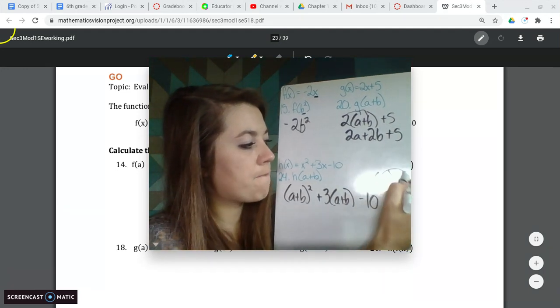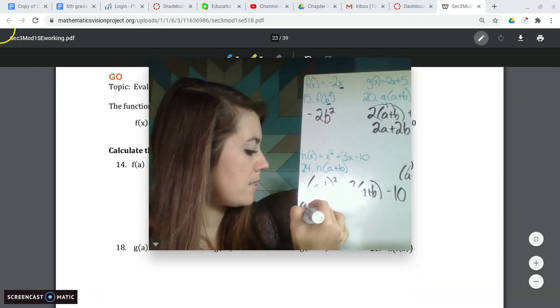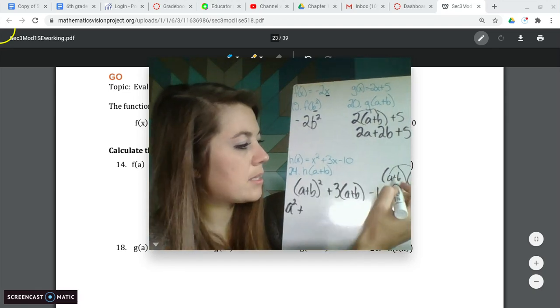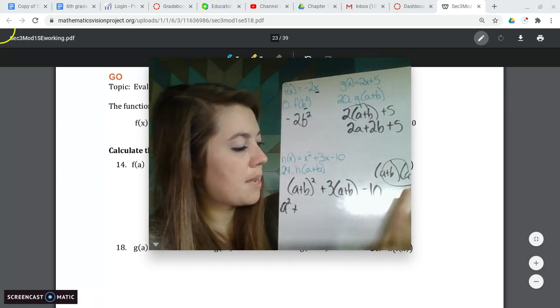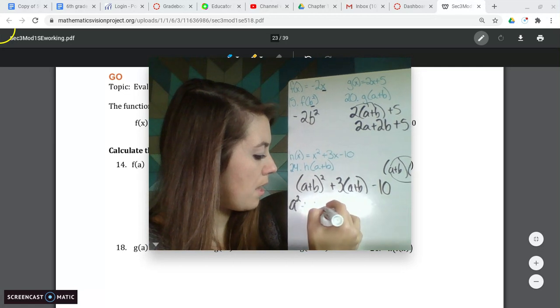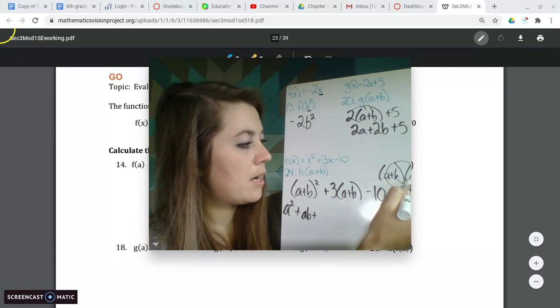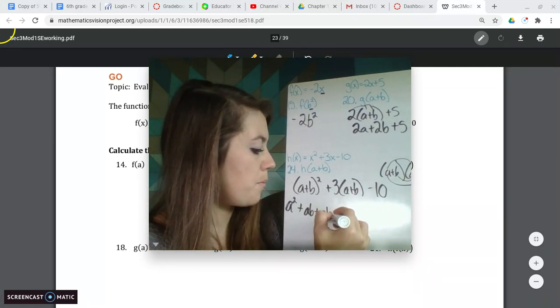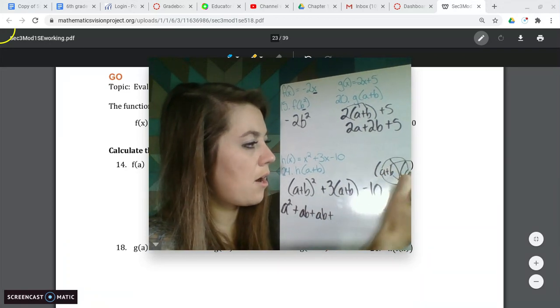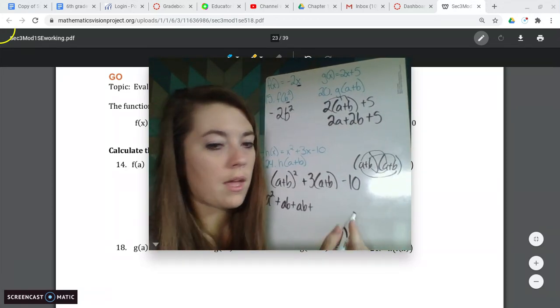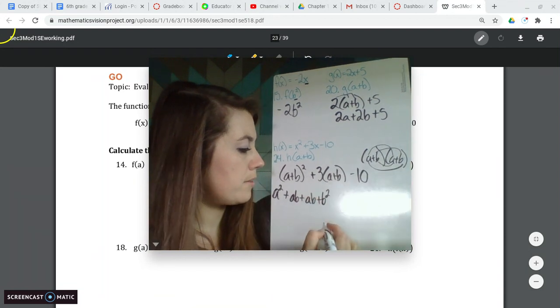So we multiply the first term, so a times a is a squared, plus outer a times b is ab, plus inner a times b, so ab, plus our last terms. Sorry, you couldn't see that. B squared.